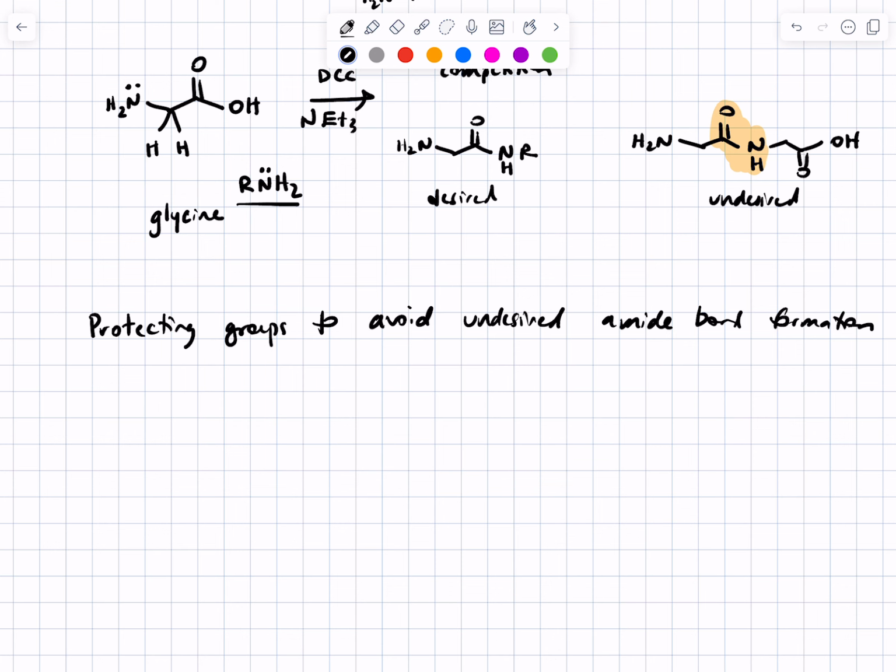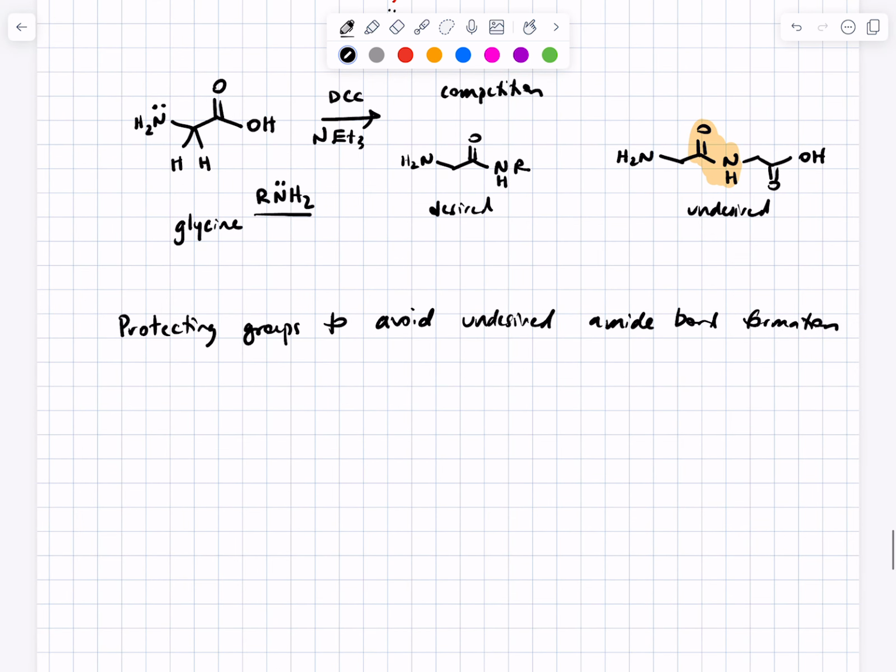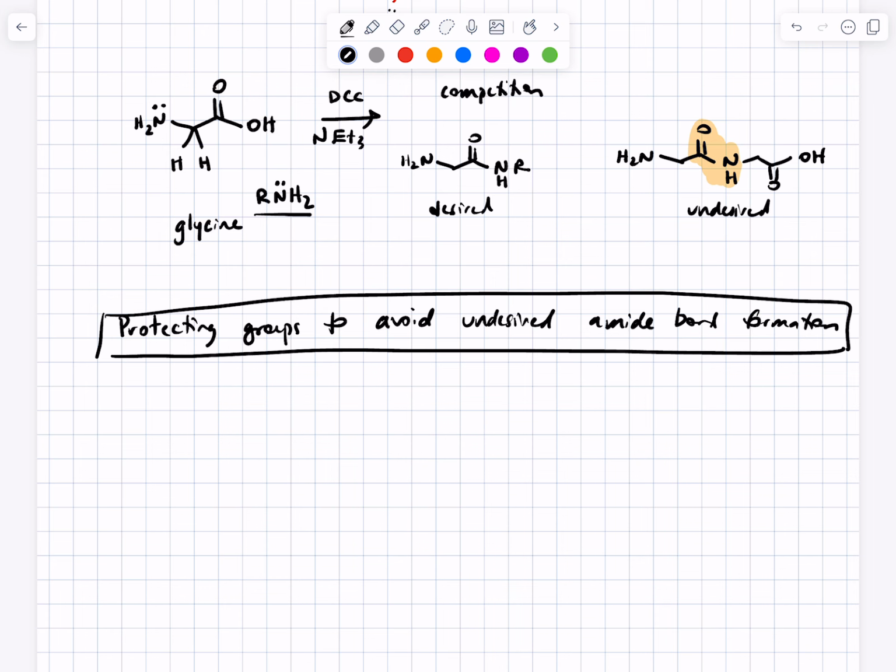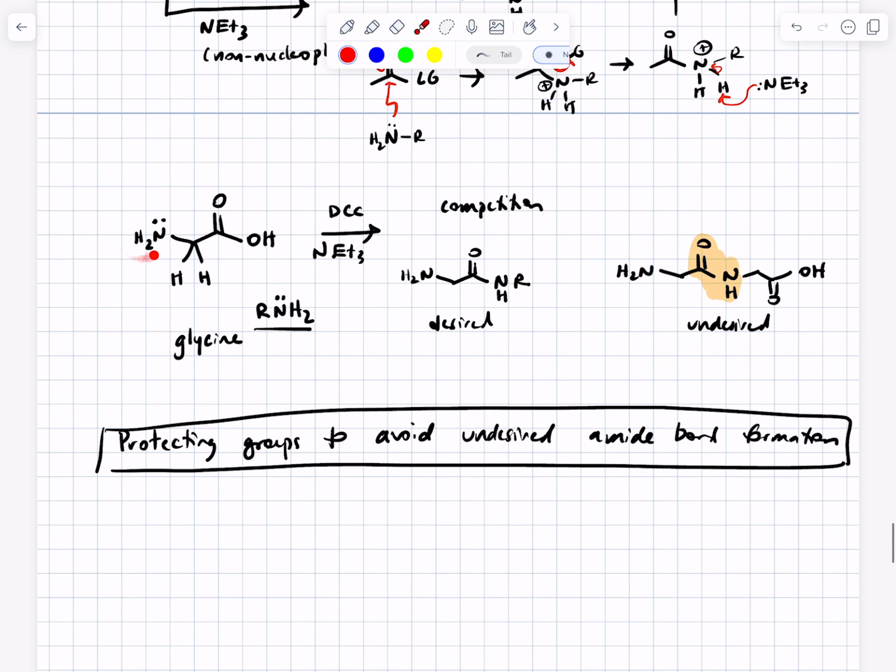So there are a lot of different ways that you might envision this protecting group strategy working. But the way that's really been adopted by chemists has been to do something to the amino group on your amino acid that prevents it from being a nucleophile.